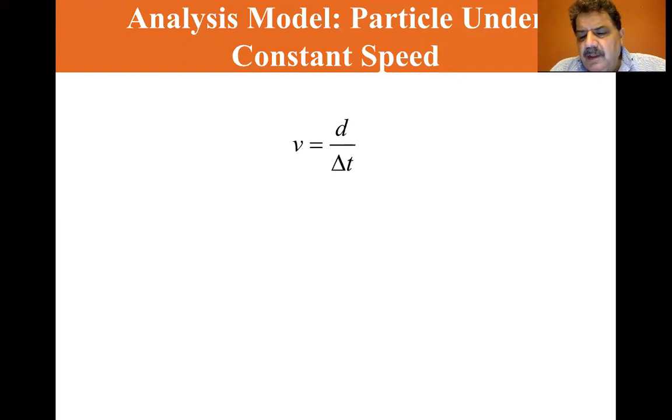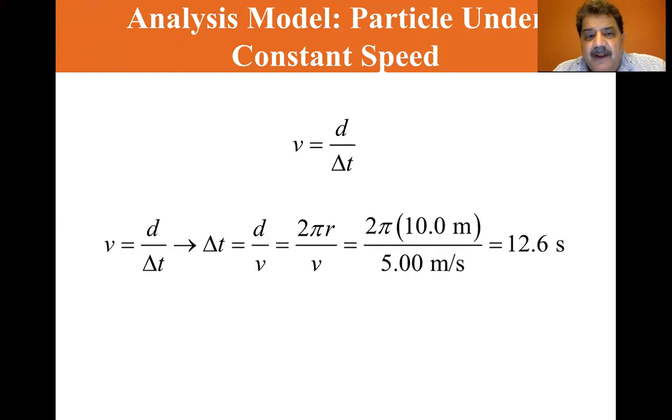Even though the speed is constant, there's a change in the velocity vector. The particle moving along a curved path can be represented with the model of a particle under constant speed. V average is replaced by a constant speed V.